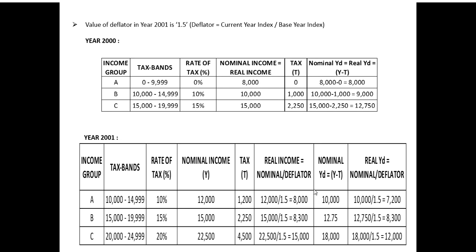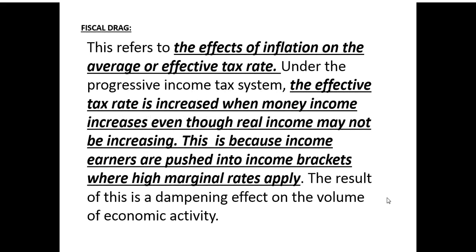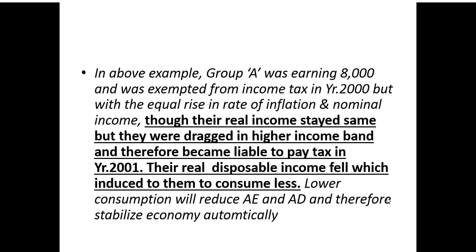The real income hasn't changed, but the government has taken tax at a higher rate. Previously government was not taking any tax because the nominal income was 8,000. Now the nominal income is 12,000. So now the government is taking a tax. Because of this tax, the real disposable income now has gone down, and the effect of the inflation has been reduced.